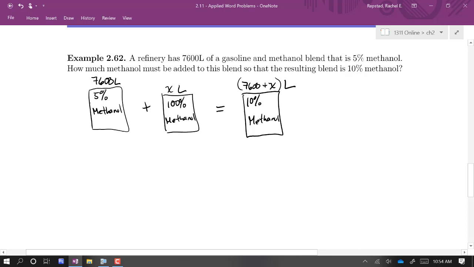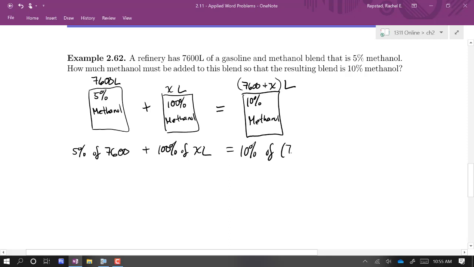My equation is going to be about how many liters of pure methanol I've got throughout the whole process. So we start out with 5% of 7,600. That's how many liters of pure methanol that we start with. And then I'm adding to that 100% of this X liters, because that's pure methanol. And I'm going to end up with 7,600 plus X liters, which is 10% methanol.